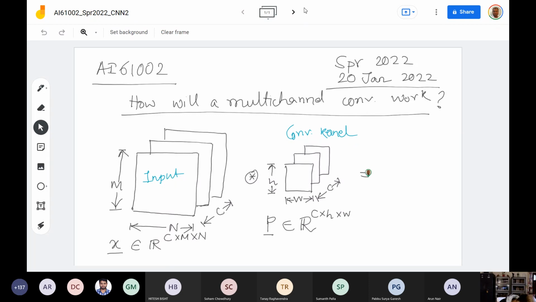This resultant over here will actually be a single channel thing. So Y, which is the resultant, let me call that the output, that output is a single channel, which is 1 cross OH cross OW.